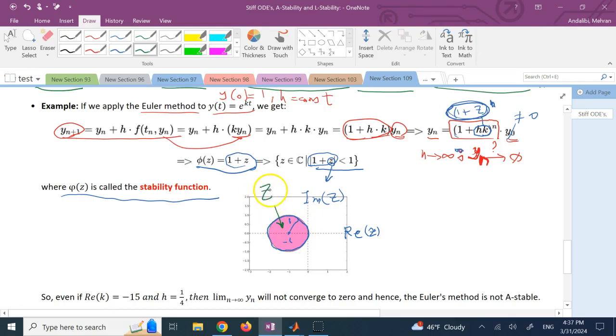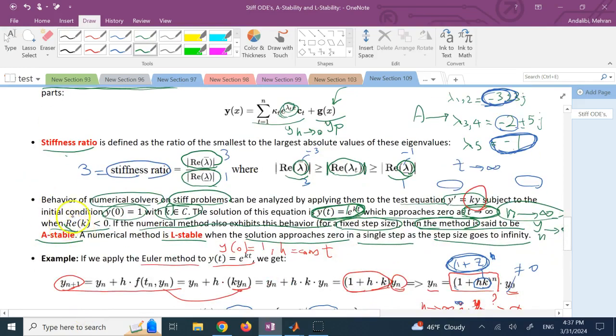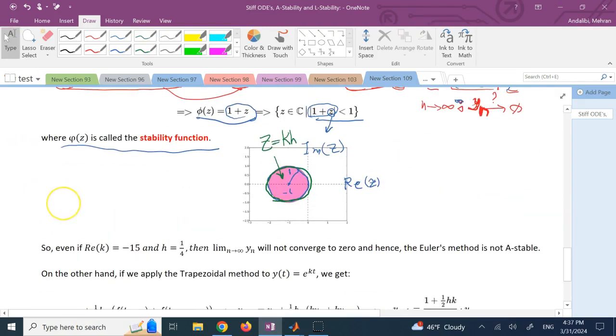And remember, z was what? It was k times h. So you see, it is not going to converge to 0 for all potential z's, just for a portion of it. Right? We said that it is A-stable if, as long as the real part of z is negative, it converges to 0. But remember that all of this region on the left side of the imaginary axis has real part of z negative.